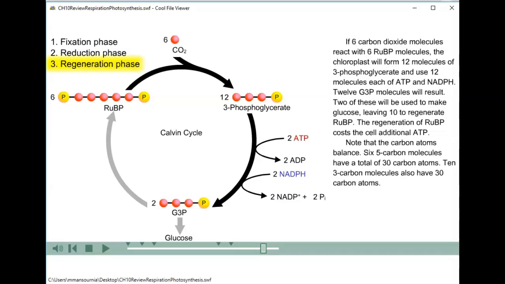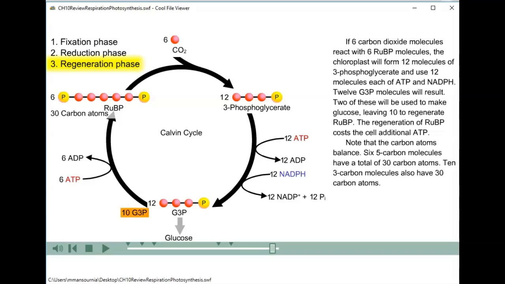If 6 carbon dioxide molecules react with 6 RUBP molecules, the chloroplast will form 12 molecules of 3-phosphoglycerate and use 12 molecules each of ATP and NADPH. 12 G3P molecules will result. 2 of these will be used to make glucose, leaving 10 to regenerate RUBP. The regeneration of RUBP costs the cell additional ATP.